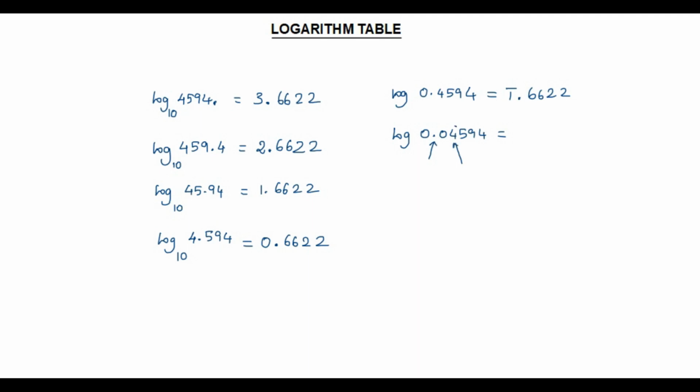Here we have the decimal point and the first non-zero digit is 4. So between the decimal point and the first non-zero digit we have only 1 zero. So if there is only 1 zero between the decimal point and the first non-zero digit, what we need to do is take bar 2 point here. Now we have to go to the logarithm table and find the value of 45th row, 9th column, mean difference, 4th column. We'll be getting 6622.